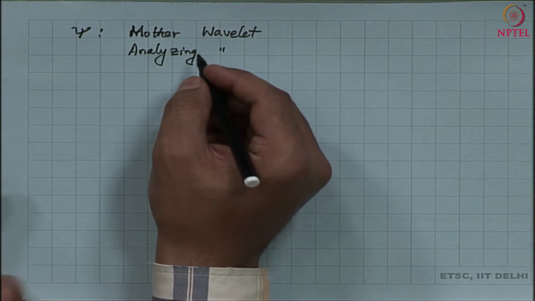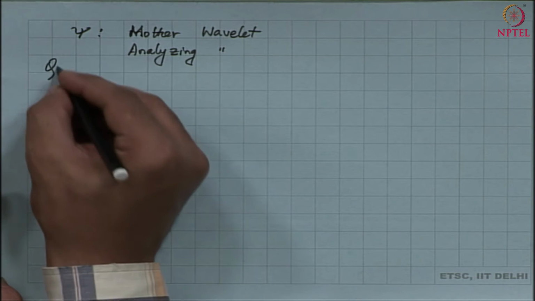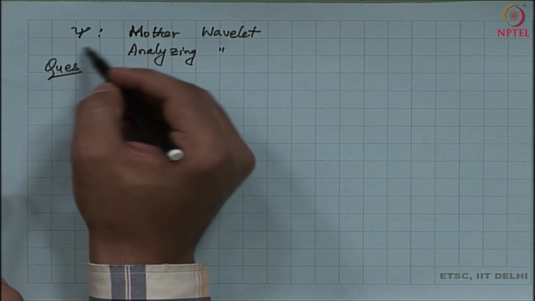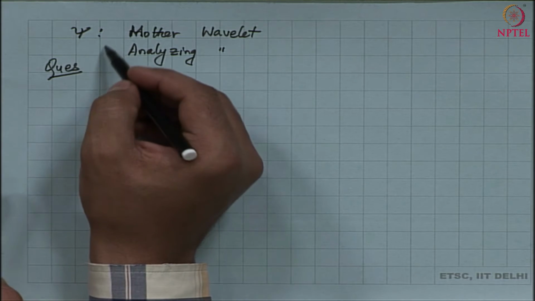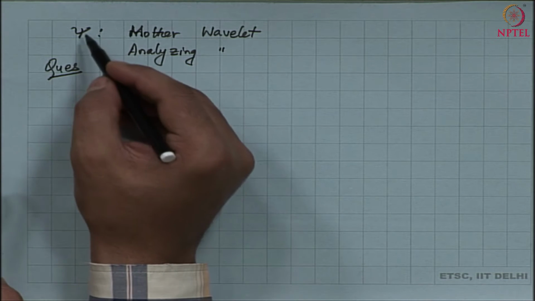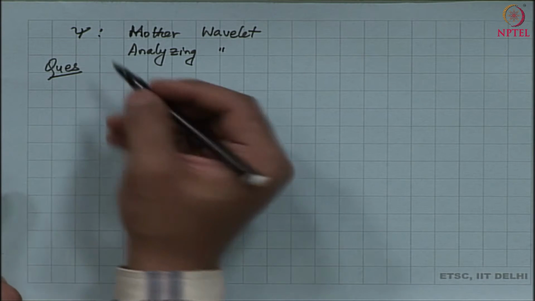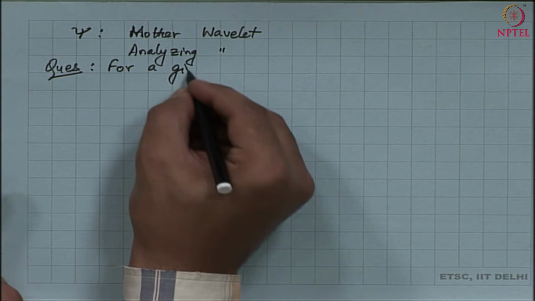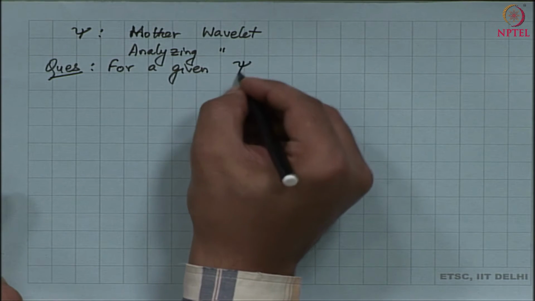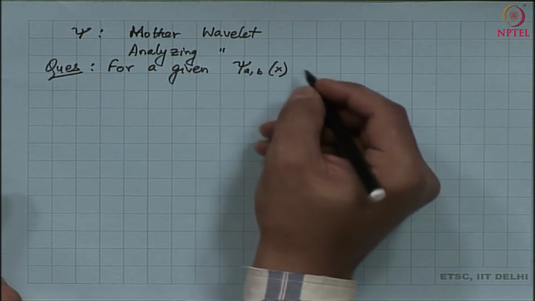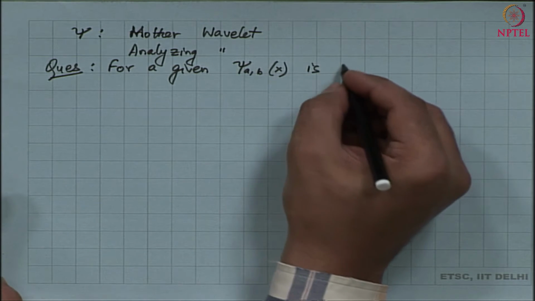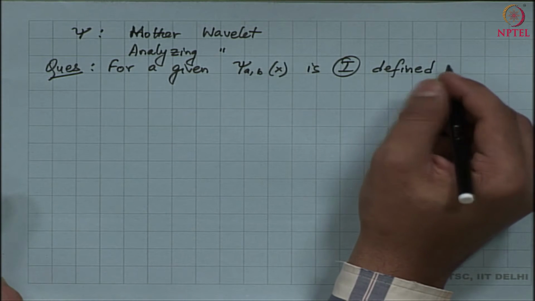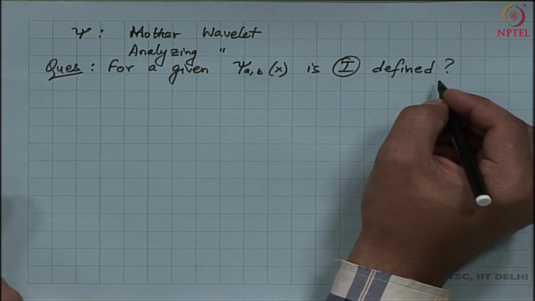So, the first question that arose in this definition is, what are the suitable functions psi that can be used to describe my continuous wavelet transform. Which means, for a given psi, is the transform defined?